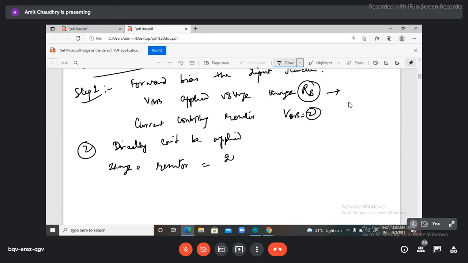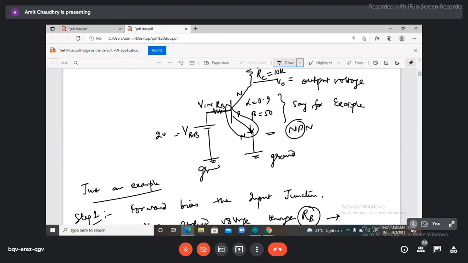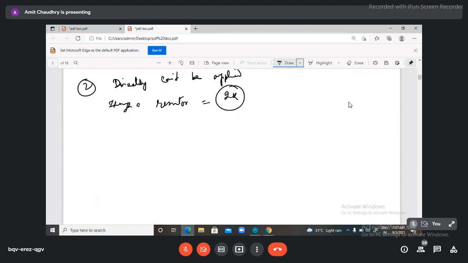Let us say 2K resistor we have used here. RB is equal to 2K. So through this resistor, thirdly, the input junction gets forward biased.